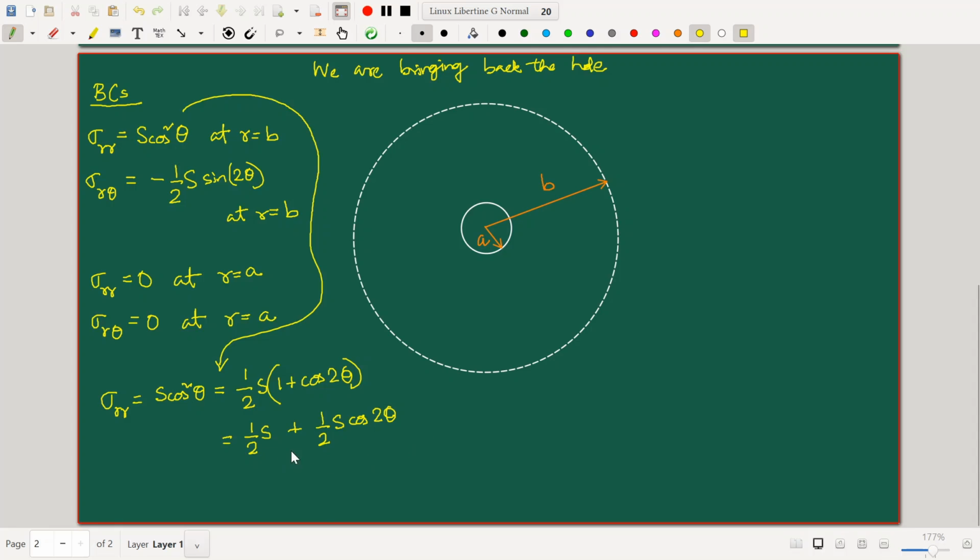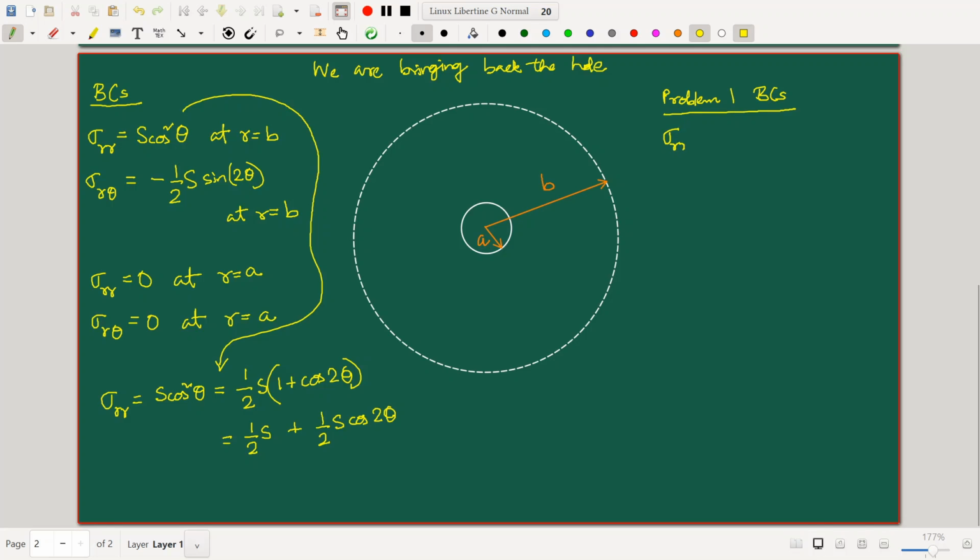What I'll do is I'll extract this half S part, and I will write these boundary conditions as two sets of boundary conditions. So what we are going to do ultimately in terms of the real implementation is to solve two different problems. For problem 1, the boundary conditions are like this.